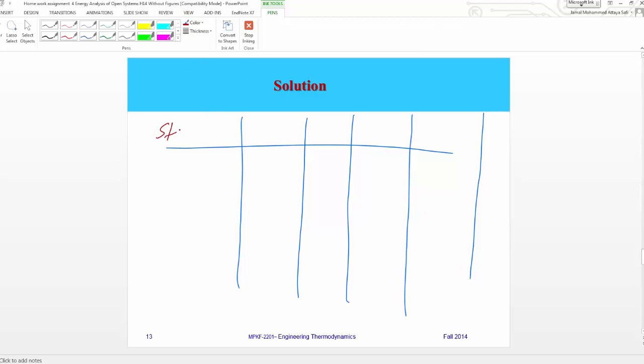So this is the state number, this is P in bar at this state, this is T, the things that I know, this is x if I need it, and then this is the enthalpy, kilojoule per kilogram. It's good to do it in a table because that's going to help you have it clear before you start the calculation.